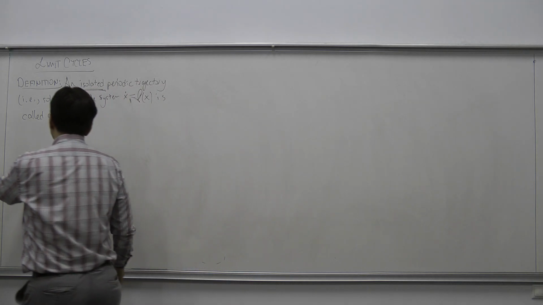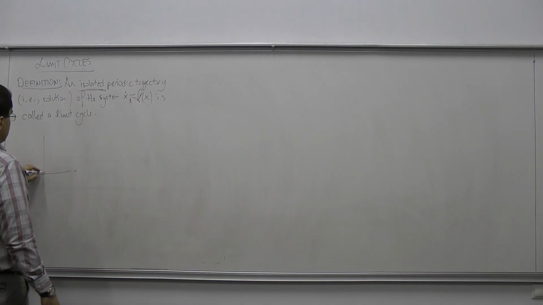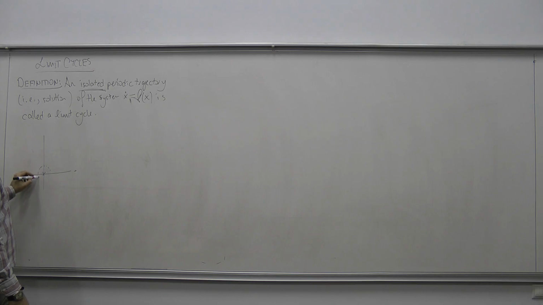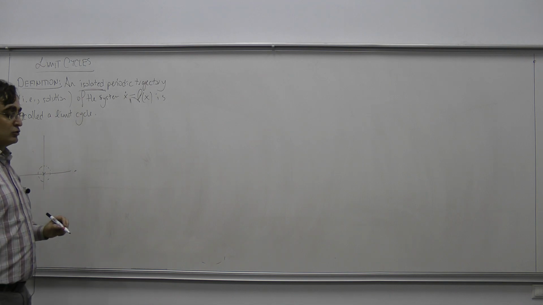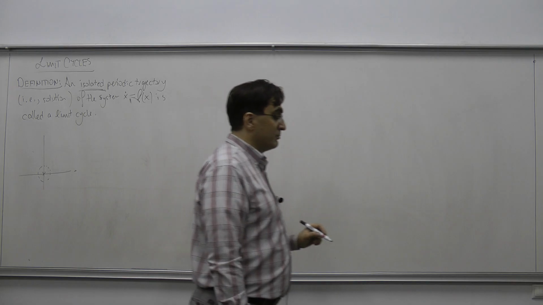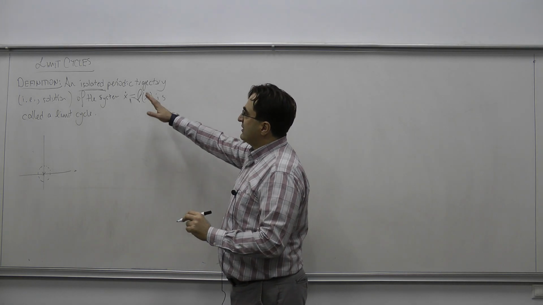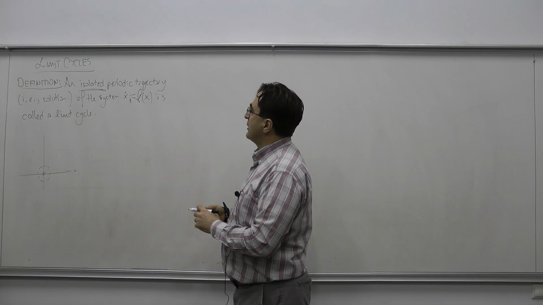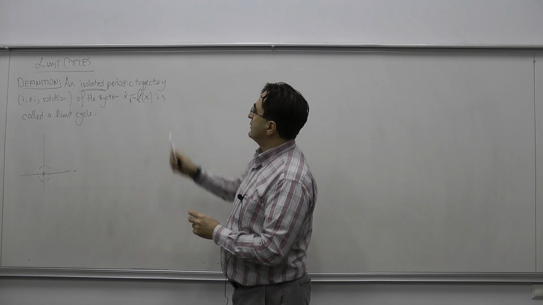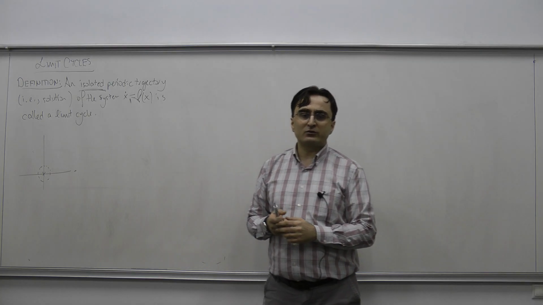When we have an equilibrium point and look at a small neighborhood around it, if we can find a neighborhood that doesn't contain another equilibrium point, then we call that equilibrium point an isolated equilibrium point of the nonlinear system. A similar concept is considered for periodic trajectories.